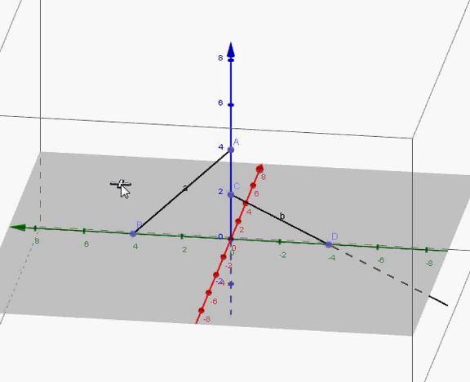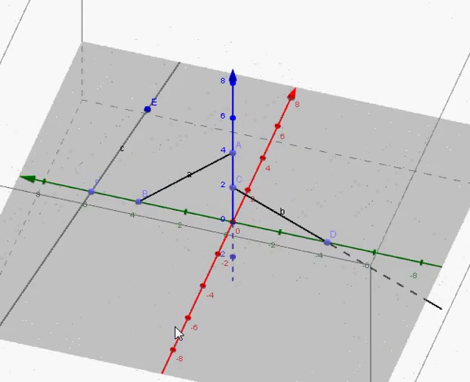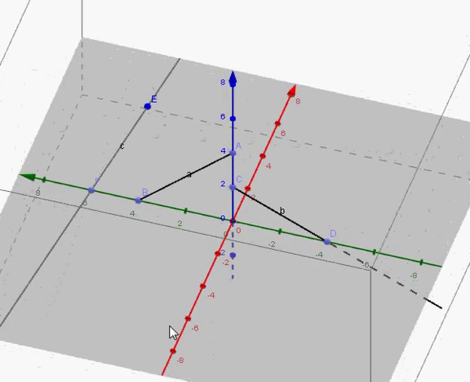So let me create E, and let me pick a point there, and let me make a line between these two. Now we've got this line EF here, and as you can tell, it is in the plane.